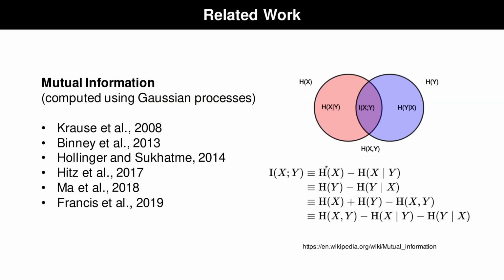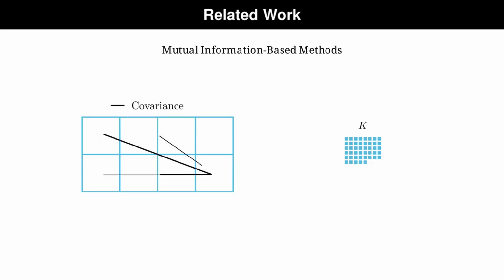Most prior work focused on selecting the sensing locations that maximized mutual information. Mutual information is computed by first discretizing the environment and then building a covariance matrix amongst the discretized locations. Then the matrix is inverted to compute mutual information, but this matrix inversion operation is cubic in the number of discretized locations.